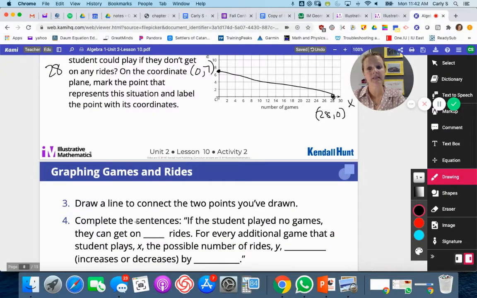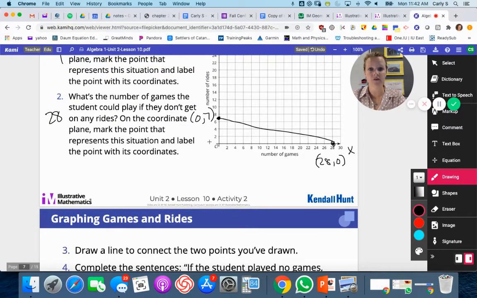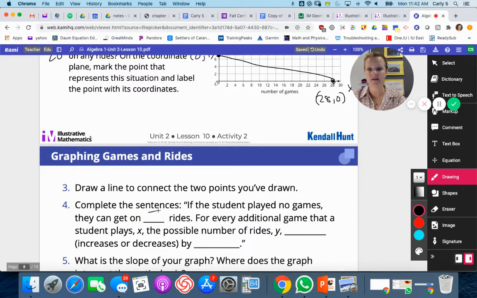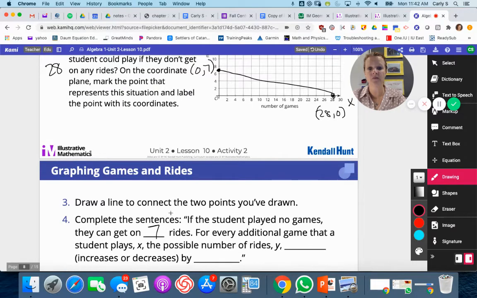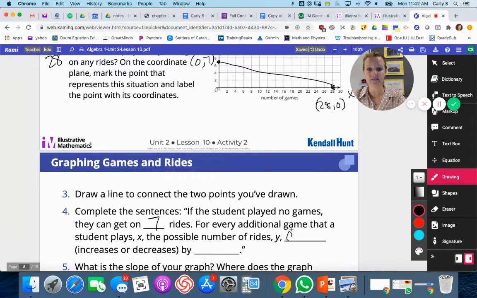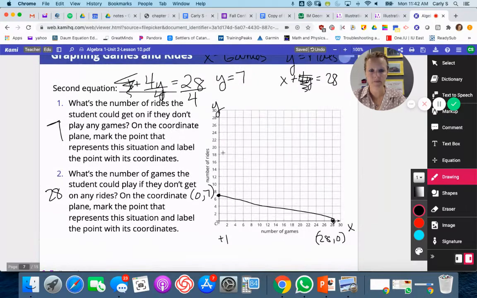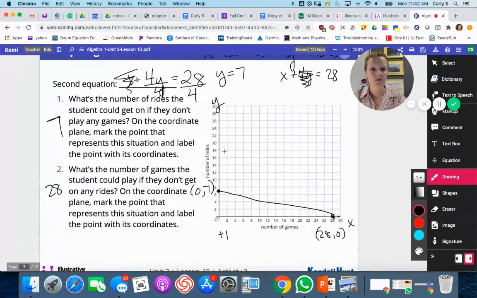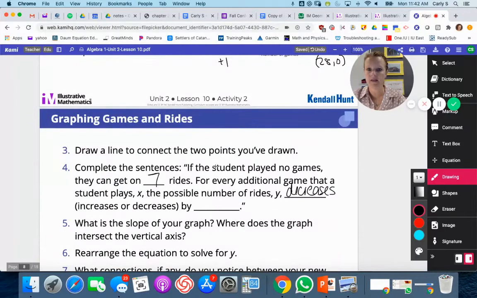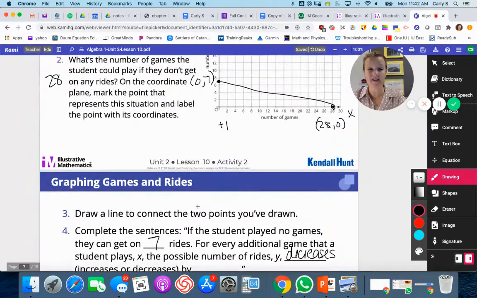So draw a line. Now complete the sentences. If the student played no games, they can get on 7 rides. For every additional game that a student plays, the possible number of rides decreases. Let's see what it decreases by. So every additional game, if I do plus 1 game, which is my equation, it decreases by a fraction.